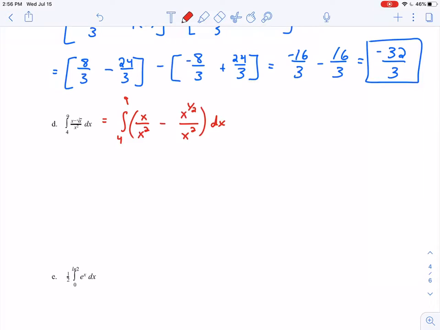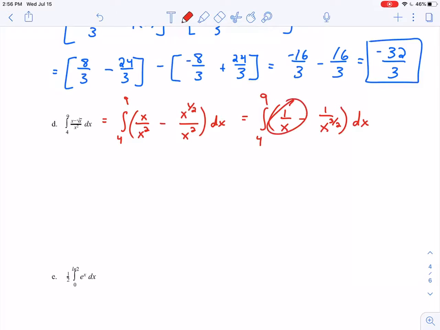I know that square root of x, that's really x to the 1/2 power. So I've taken this one fraction, I've broken it up into two separate fractions. I can simplify each of these fractions now. So definite integral of 4 to 9. Let's see, I've got 1 over x minus over here, I should have 1 over x to the 3/2 power dx. So okay, I need to do one more thing.